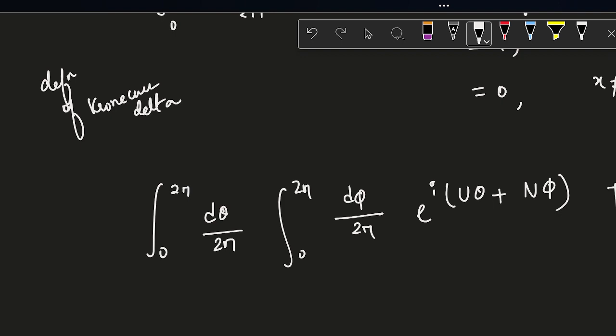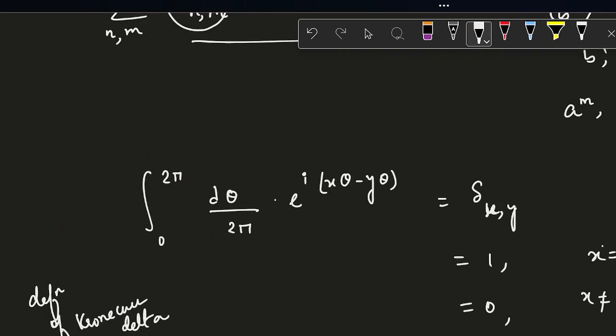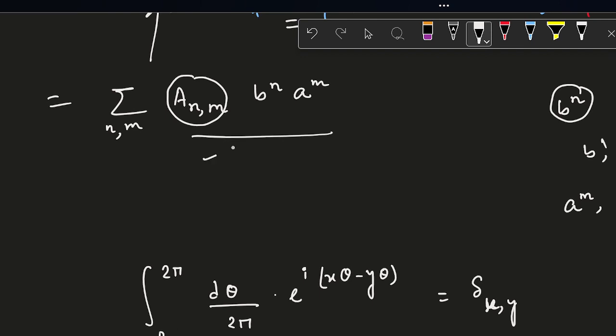Product over j from 1 to 4. Now remember, this product term you have already solved, and the general value we have gotten as a summation, like this summation, right? A n m b to the power of n a to the power of m.